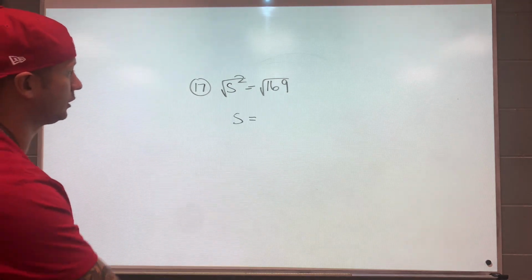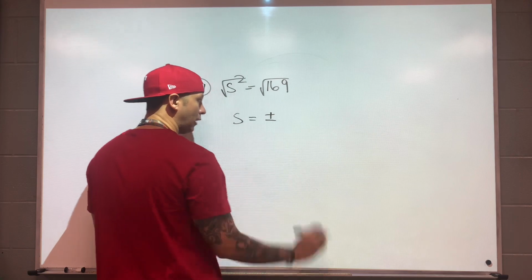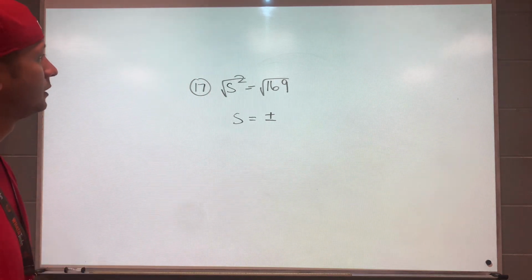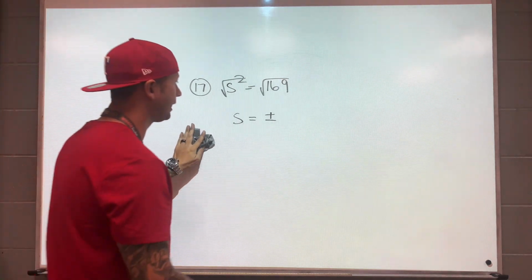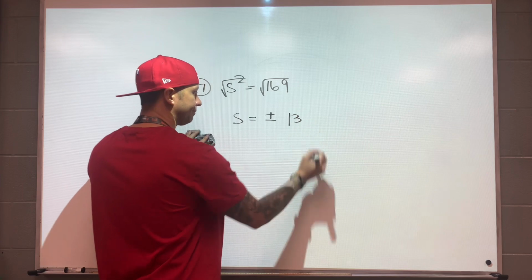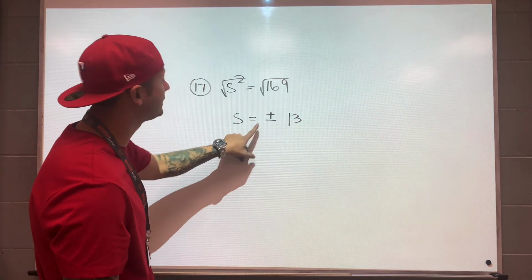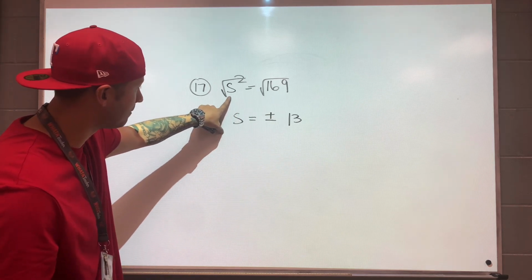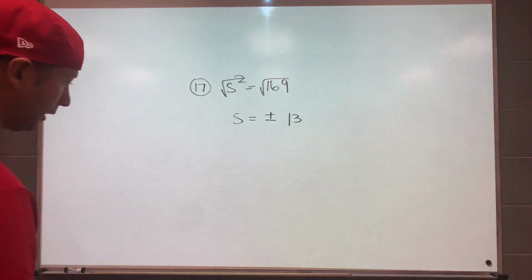I had to introduce the square root to solve it, so you have to put plus or minus. There's always two answers. Square root of 169. 169 happens to be a perfect square, 13. We're saying s is either positive 13 or negative 13. 13 squared, 169. Negative 13 squared, also 169. So plus or minus 13.